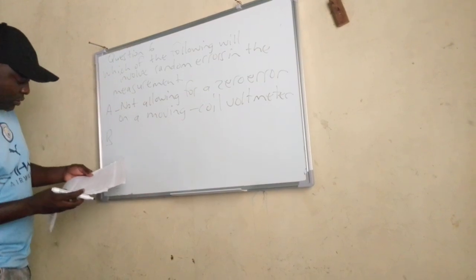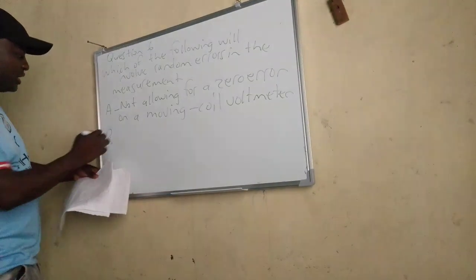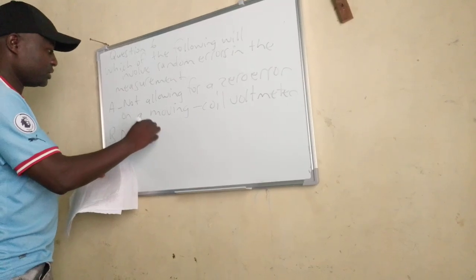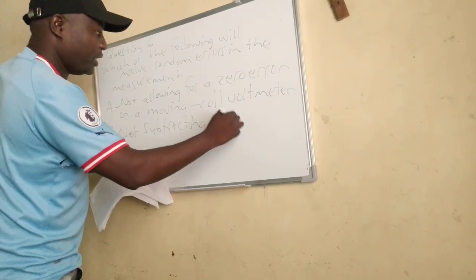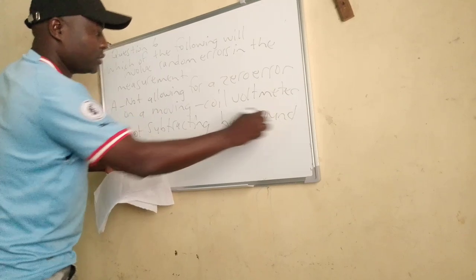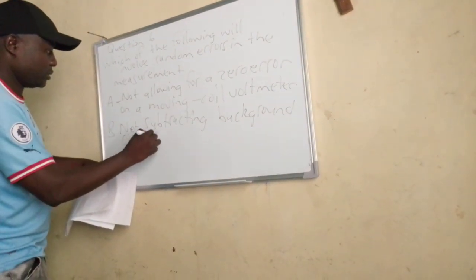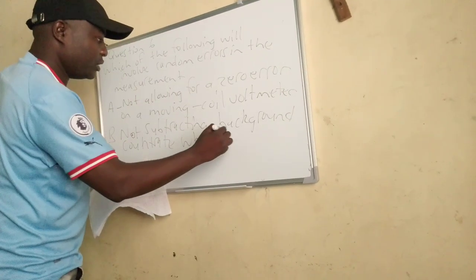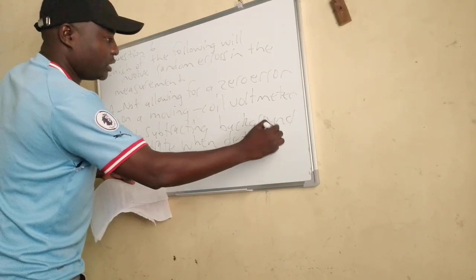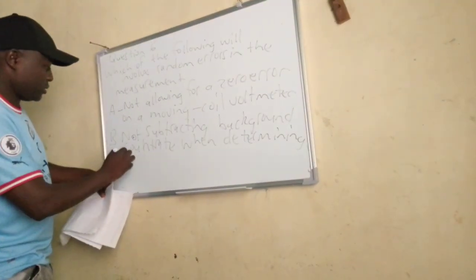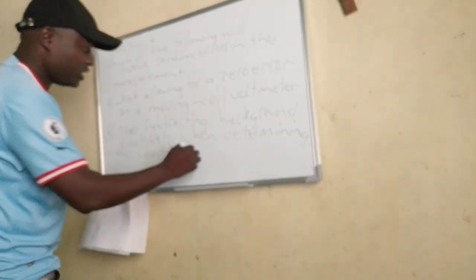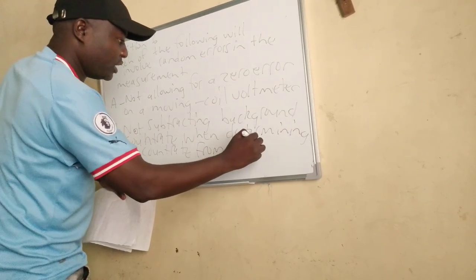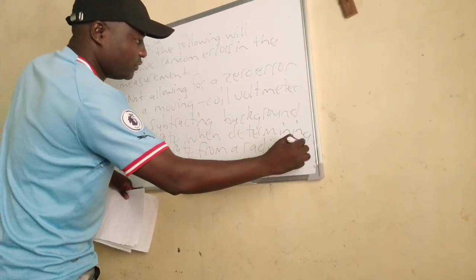B. Not separating background count rate when determining the count rate from a radioactive source.